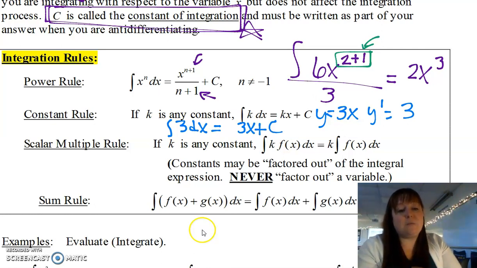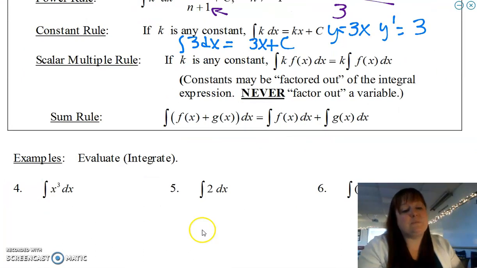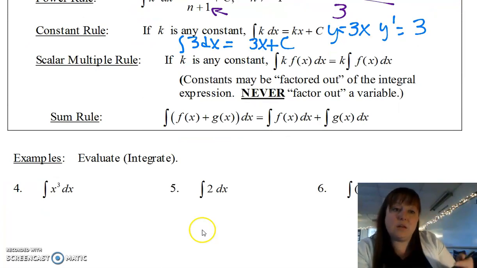All right, scalar multiple rule. If you remember with derivatives, anytime we multiplied something, we could take the derivative without putting the constant in, and then we could tack it on later. Integrals are the same thing, right?